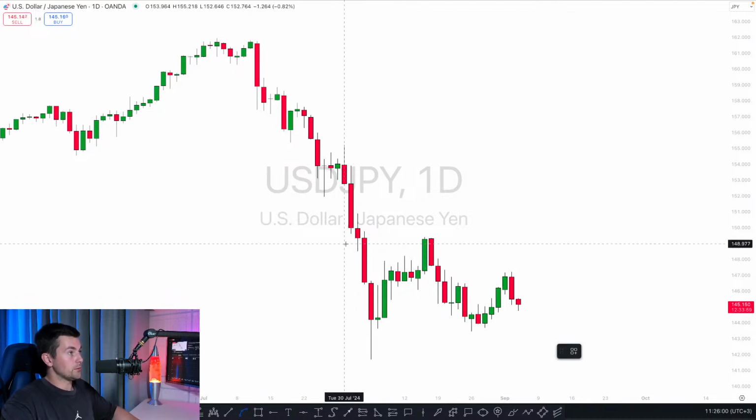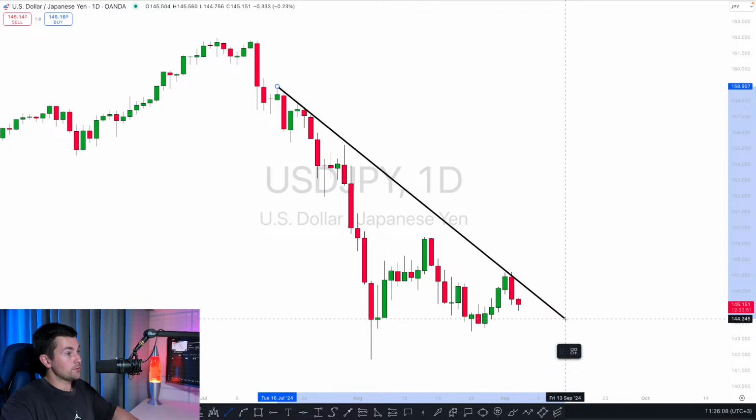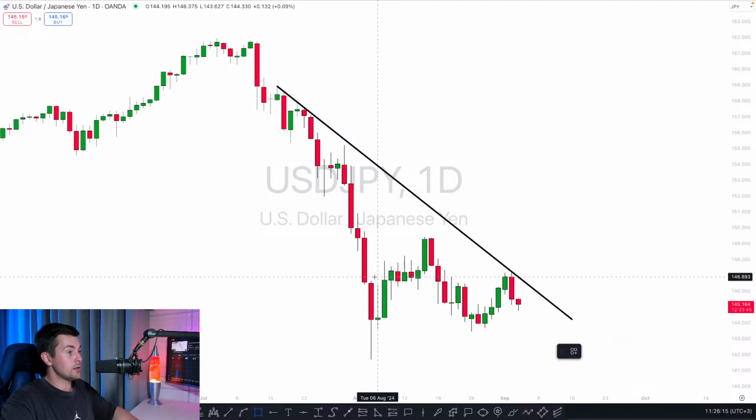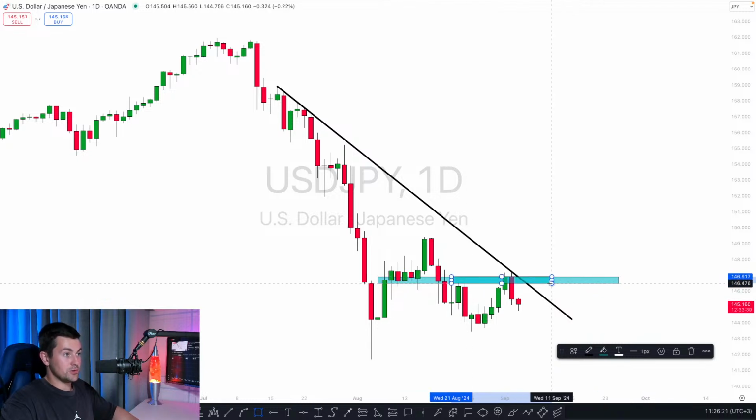Dollar yen. For now, bearish trend. And what else can we spot here? We have a brand new trend line that the market just respected, and we also have this horizontal daily structural resistance that the market just reached, and that was respected.